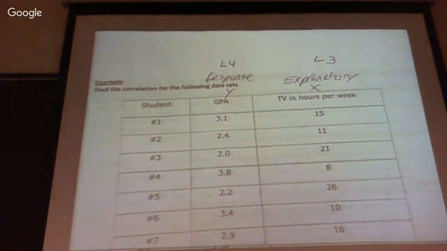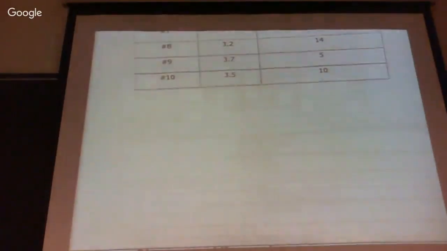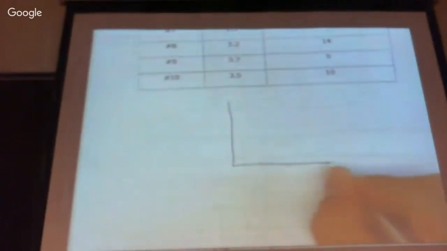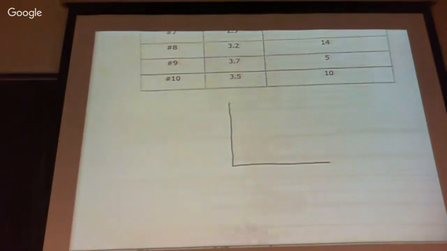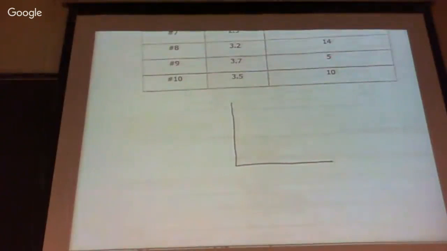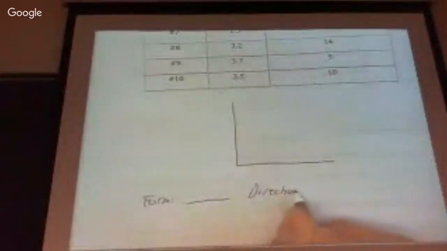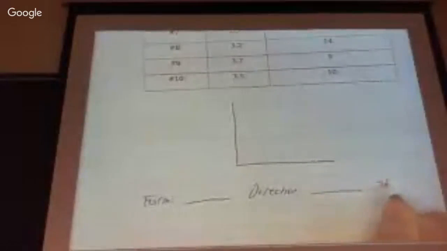Now, look up. You should not touch your calculator until you do what? You should sketch it first, figure out your window, figure out all that stuff. Then you go to your calculator, get the dots. Then you're going to answer the question: form, direction, strength.